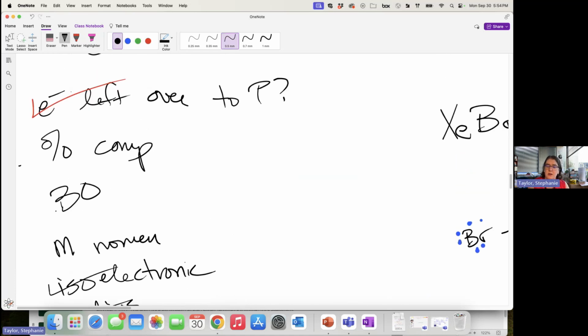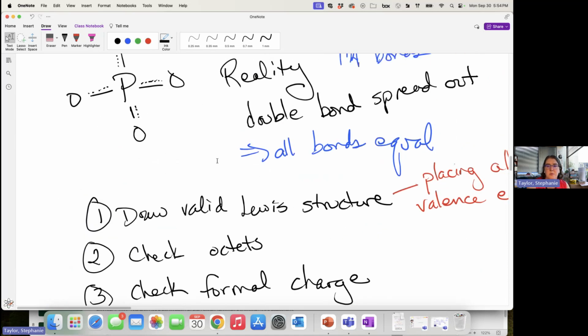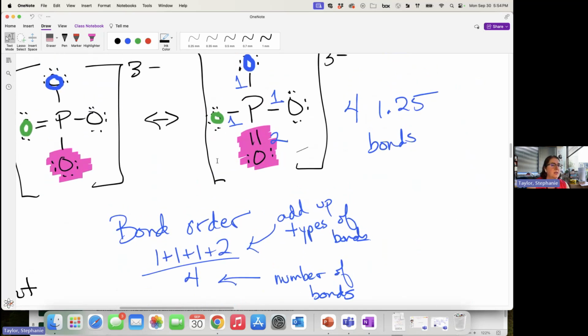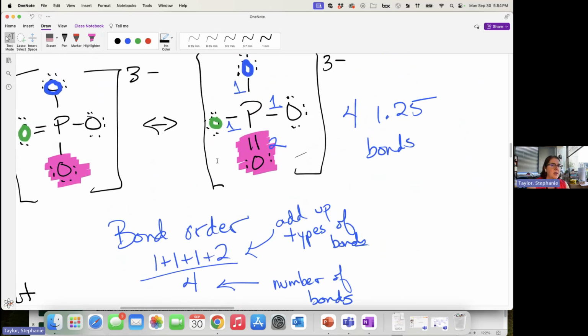Bond order, I'm actually going to say we did bond order, because even though it was way up here, we did bond order when we were looking at all the different phosphorus ideas. We did do bond order when we looked at the fact that the phosphate anion has resonance, and we can essentially look at the bonds for bond order.